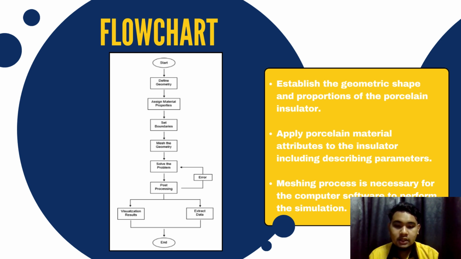Next for mesh. To get the result, we need to mesh the geometry, and then after that we get the result. So the problem solved. And after that, for post processing, we go to visualization result and extract the data, so we can conclude this in report.